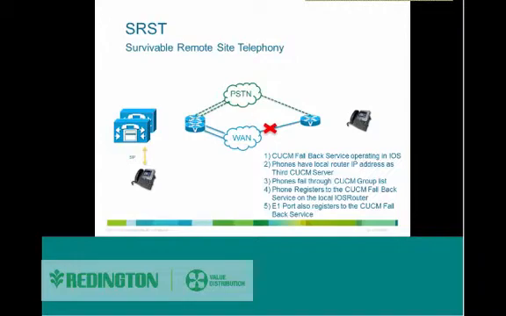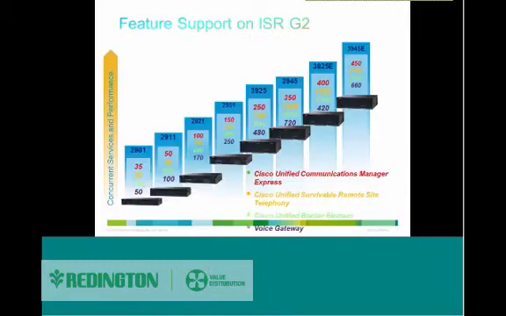Even the port also registers to the CUCM fallback services. So when we implement SRST, automatically the voice router on the remote branch will act as a CUCM fallback service. This slide will describe the feature support on the ISR generation 2 routers.